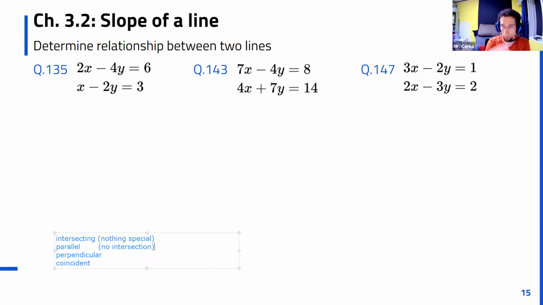That's the property, that's what parallel means. And how do we identify that? We figure that out when they have the same slope and different intercepts. So same slope and different intercepts means that we have parallel lines.